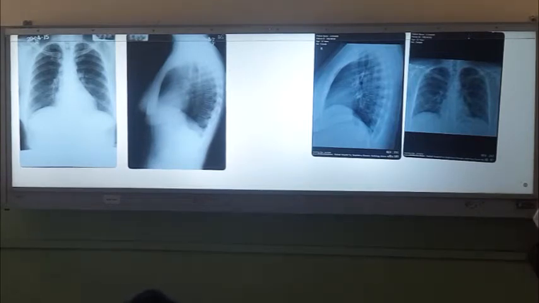Then whenever you want to do an X-ray at some other site, for example, a joint X-ray, knee joint, there is a patient with knee joint swelling, and you are doing an X-ray, there is always an indication for a chest X-ray. Say there is a patient with headache and you are doing a skull X-ray or CT scan brain, there is an indication for a chest X-ray because the primary pathology may be there in the chest. Say for example, if the patient is having backache, primary malignancy or TB may be there in the lungs, right?